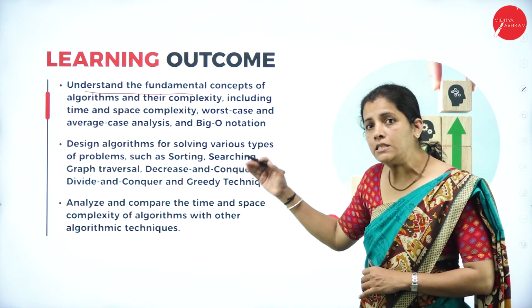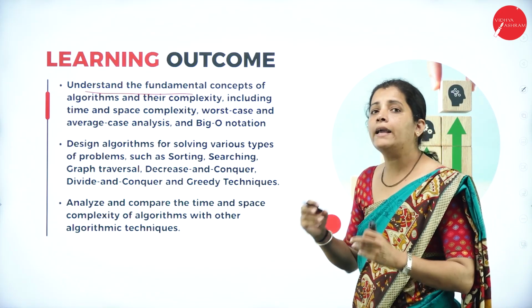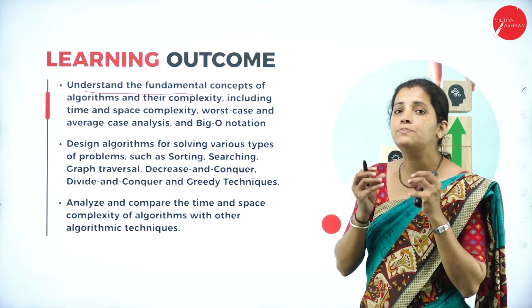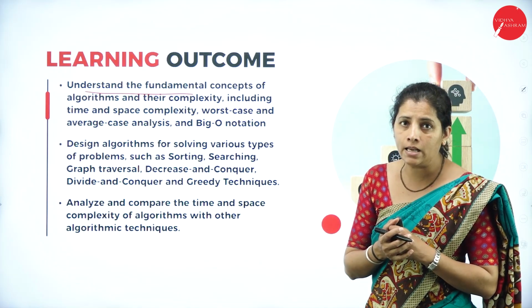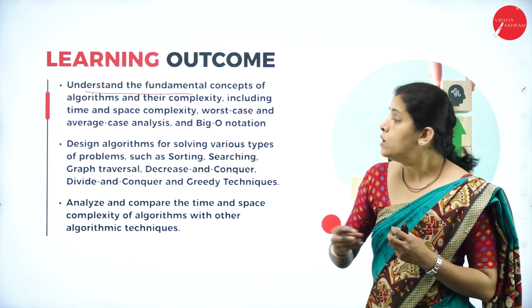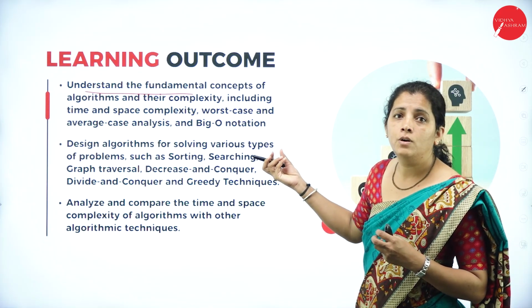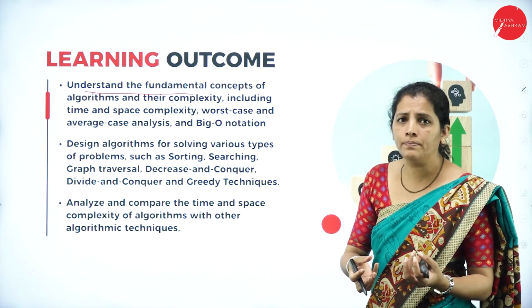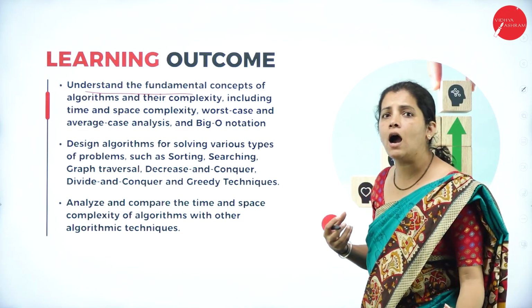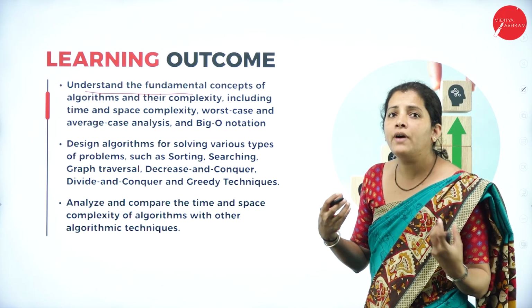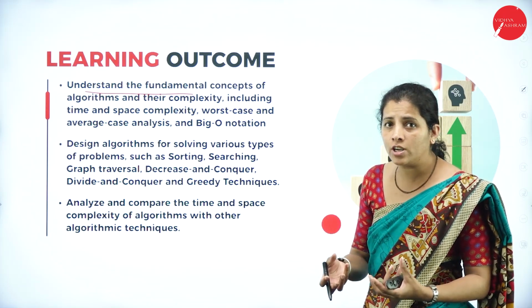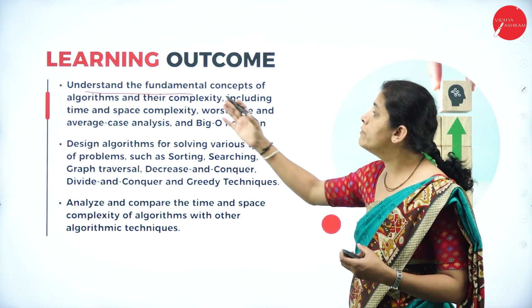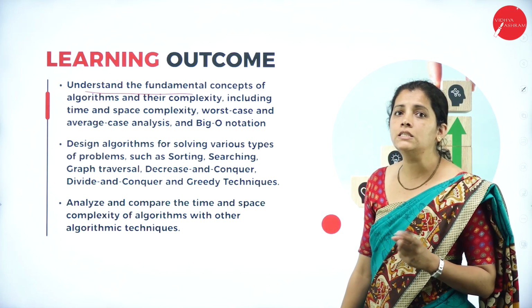If I study this subject properly, I can understand small things like how to write the algorithm, how many steps I can have in my algorithm, what is input, what is output, and what is a finite set of instructions. All those things we are going to learn in this subject.